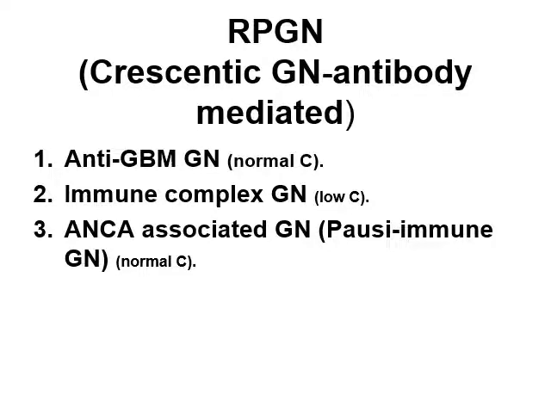We have three subtypes. First, the anti-GBM disease, where abnormal antibodies, which are called anti-glomerular basement membrane antibodies, will attack the glomerular basement membrane.